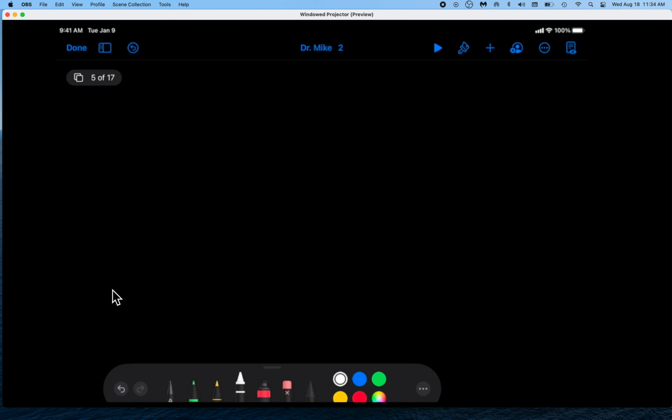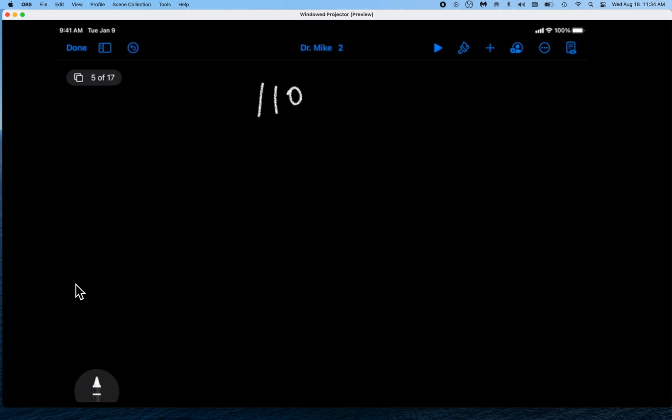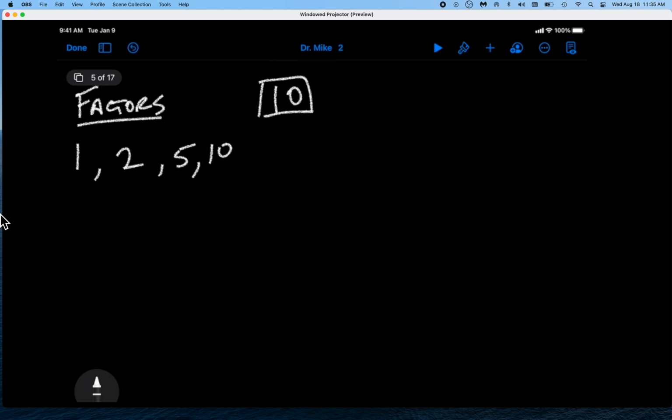What are the multiples of 10? Put 10 in the box. Start with the factors. The factors of 10 are 1 times 10, 2 times 5. These numbers create the number in the box.